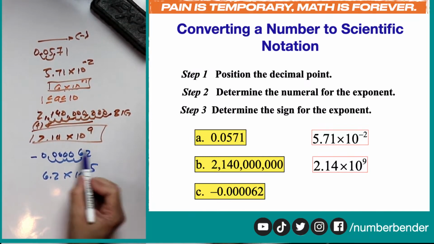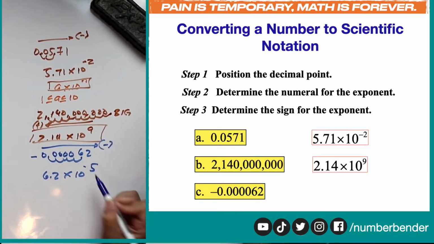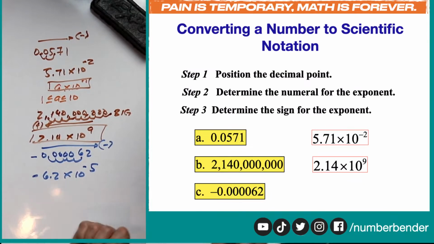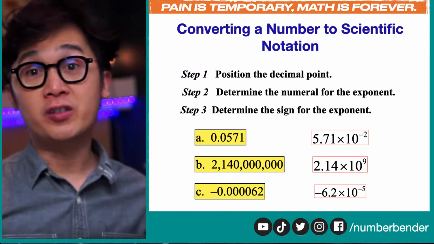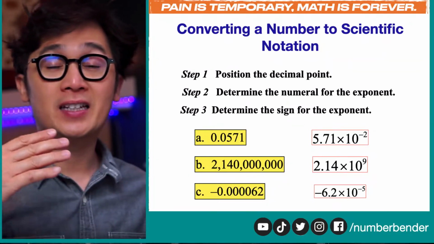And we know that we moved from here to here, so that means we have a negative exponent because this is an extremely small number, but it will remain negative because the sign of our standard notation is negative, so our A will remain a negative number.